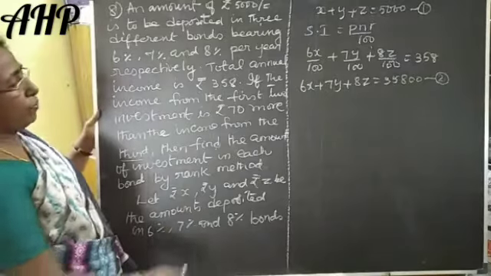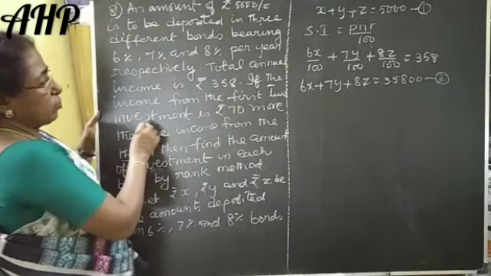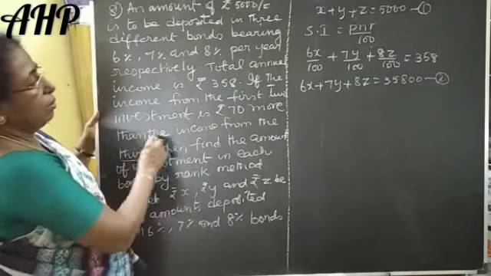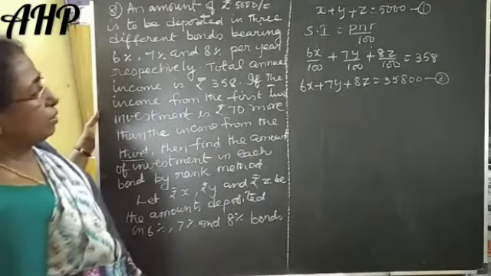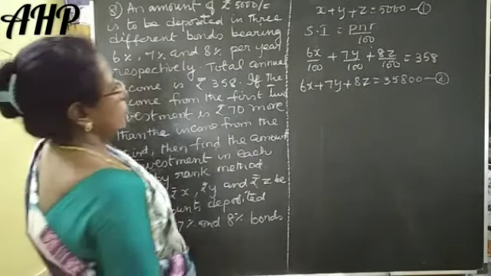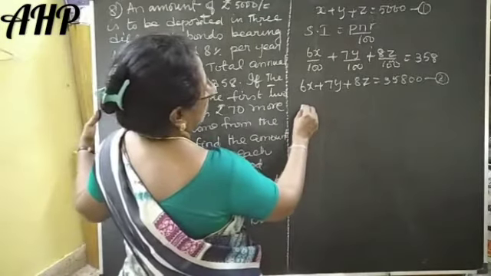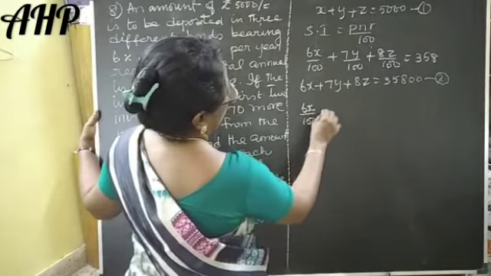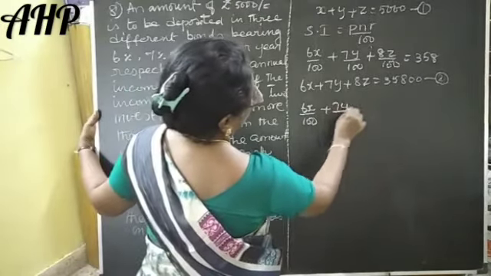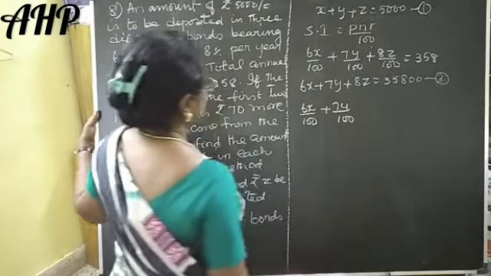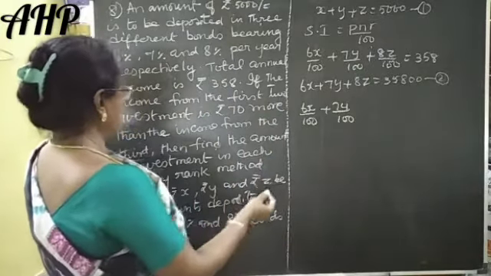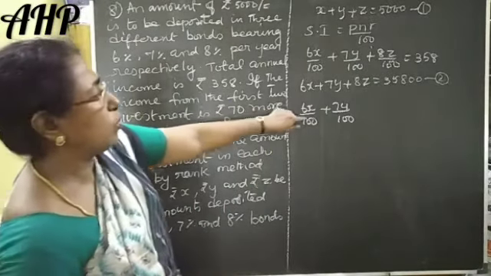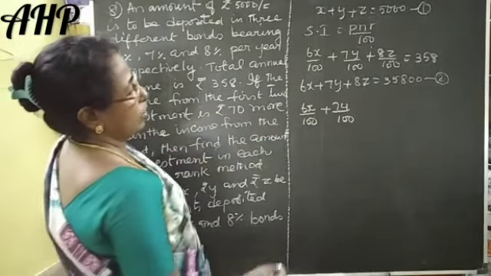Thirdly, they say the income from the first 2 investments is 70 rupees more than the income from the third investment. So the first 2 investments' income is 6x by 100 plus 7y by 100. Now this is 70 rupees more. That means the third investment plus 70 rupees will give you the sum of the 2 investments.